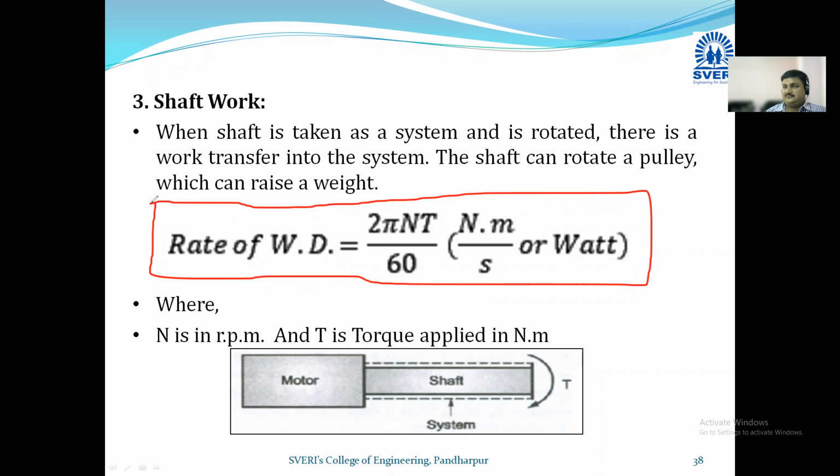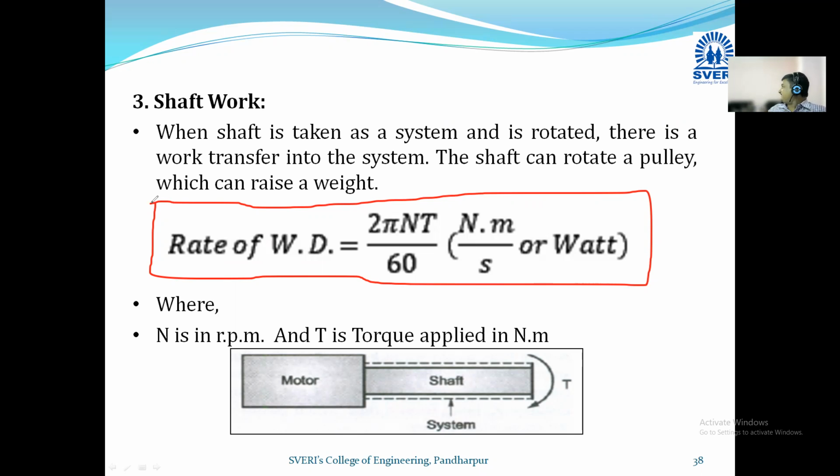Then here n means number of rotations, RPMs, and T is nothing but the torsion which we are going to consider, that is the torque. T is nothing but the torque and n is nothing but the revolution per minute.